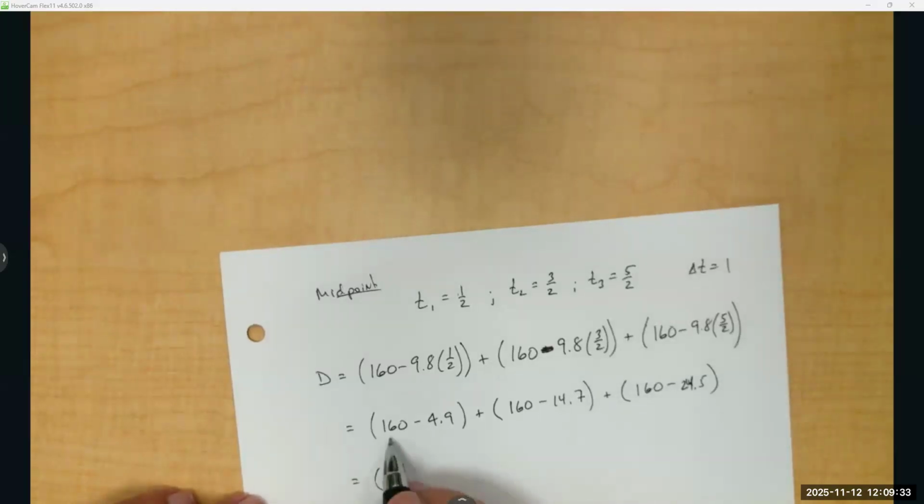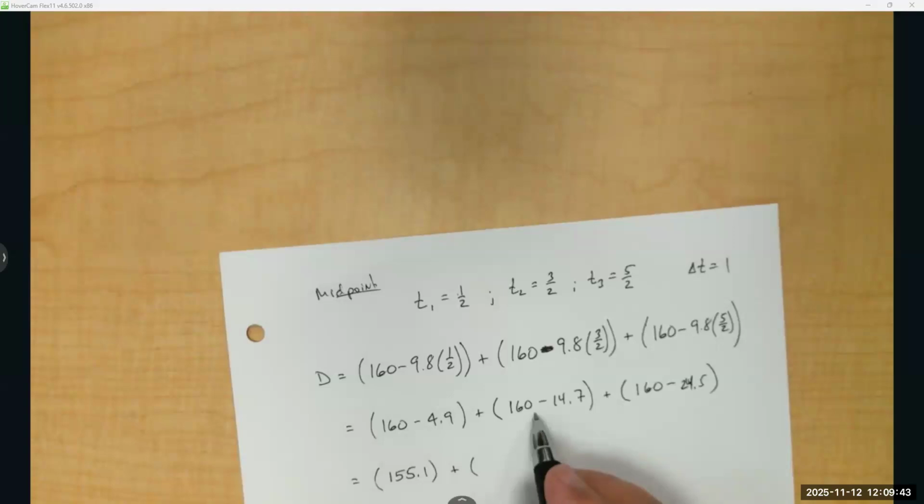So 160 minus 4.9 is 155.1. 160 minus 14.7 is 145.3.